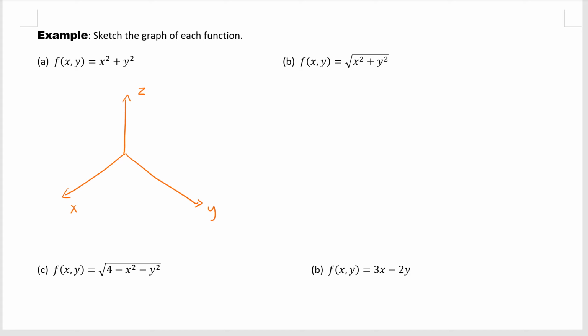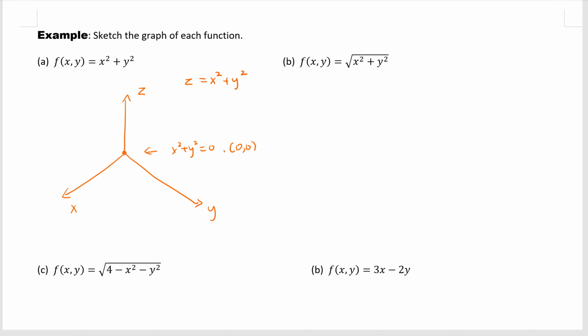So z equals x squared plus y squared. When z equals 0, what happens? Well, x squared plus y squared is 0. Well, that's the origin, right? It's just the point, the origin, right?